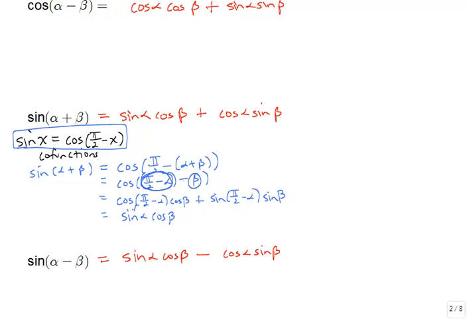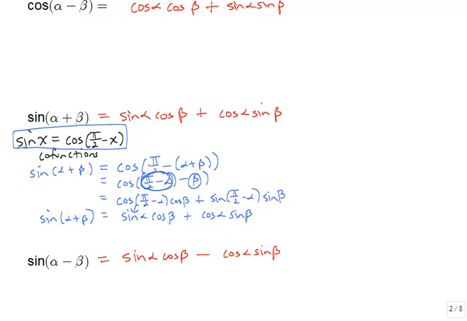So that's where this turns into that. Similarly, sine of pi over 2 minus alpha becomes the cosine of alpha. Those are cofunctions again. So this is our proof. We've just proven that sine of alpha plus beta is sine times cosine plus cosine times sine.